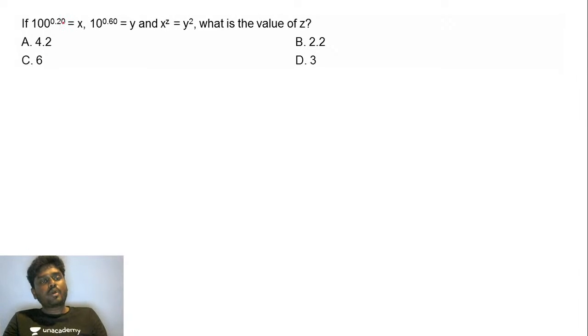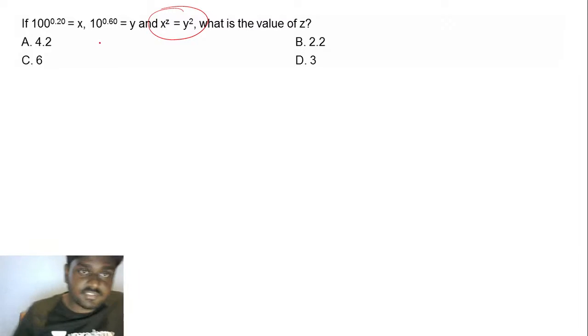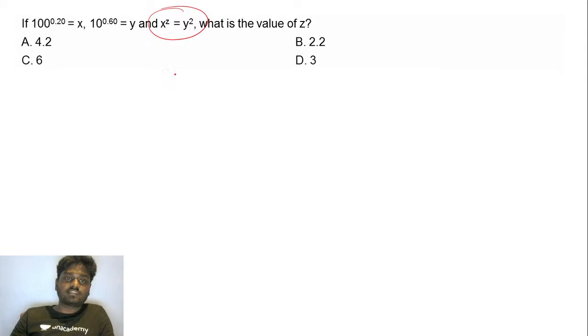So 100 power 0.20 is equal to x and 10 power 0.60 is equal to y, and they say x power z is equal to y square. It's not x square, it is actually x power z is equal to y square. So we need to find what is the value of z.